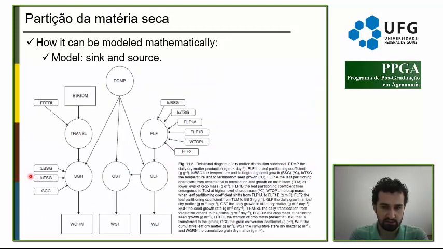And here is the final diagram of how the dry matter distribution occurs in the model. We have different factors and different conditions where the daily dry biomass produced per day is distributed to the different components.